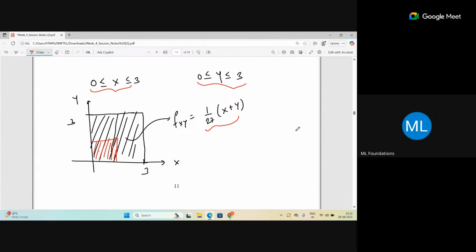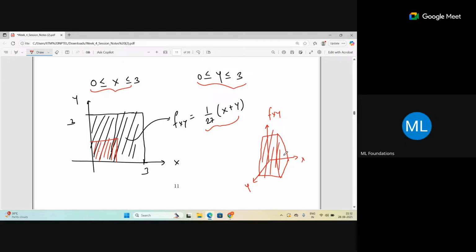If I wanted to show you in 3D, let's say x and y are here, and f(x,y) is over here, and let's say this is the support. This is kind of linear, right? I'm not sure whether it is a triangle, it will not be a rectangle, but let's say kind of like this.